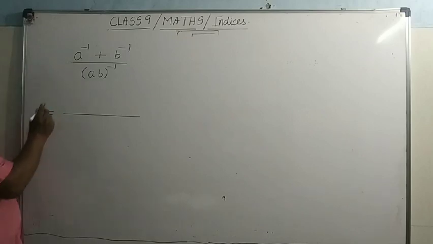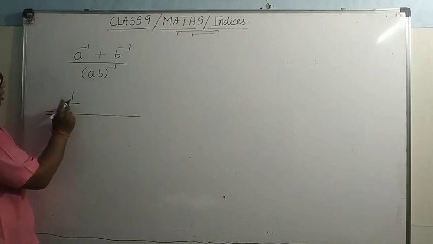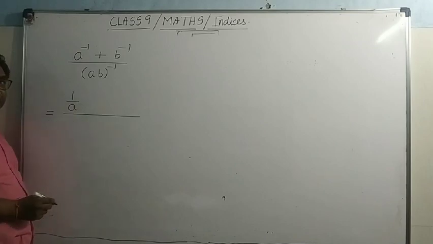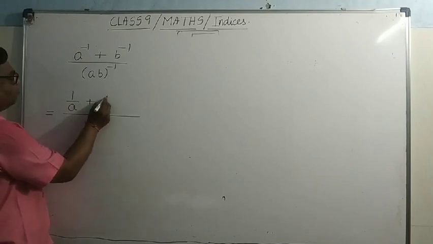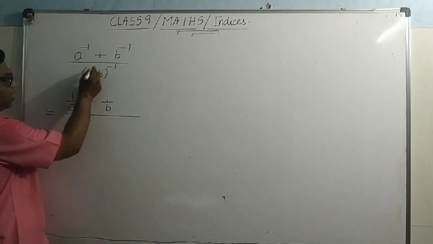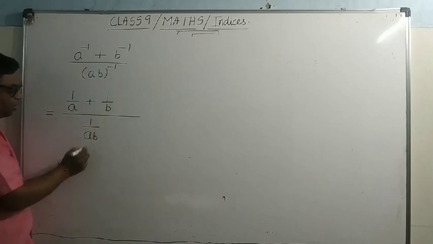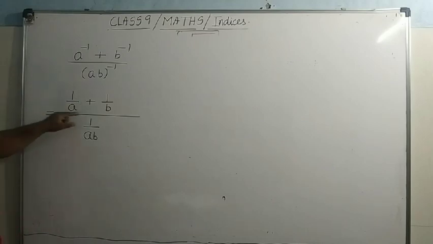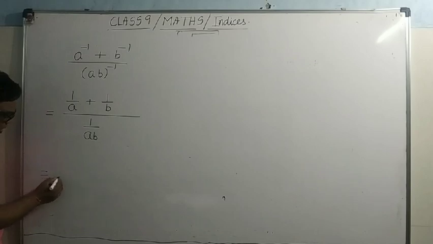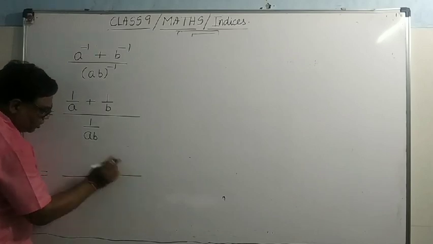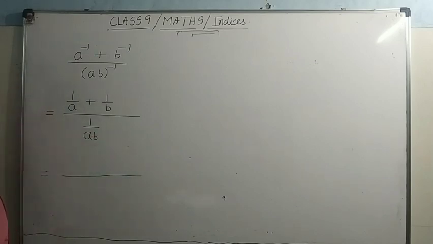A to the power minus 1 you can write as 1 upon a. B to the power minus 1, 1 upon b. And (ab) to the power minus 1, 1 upon ab. This equal sign should be in front of this line. It is clear? Once again. So that's why you write leaving some gap.